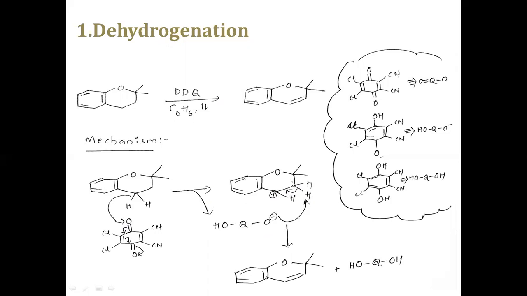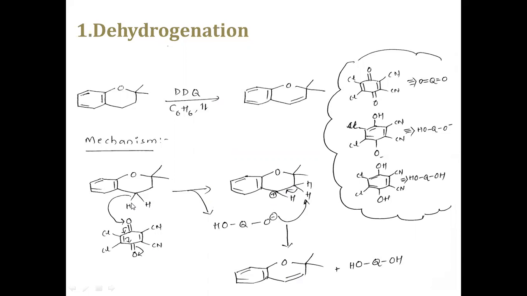And now this CH bond pair of electrons is shifted over here. Thereby in between these two carbons, you get a double bond, and this positive charge is removed. Now you can see a new double bond is formed between these two carbons. For one double bond formation, one DDQ molecule is required.